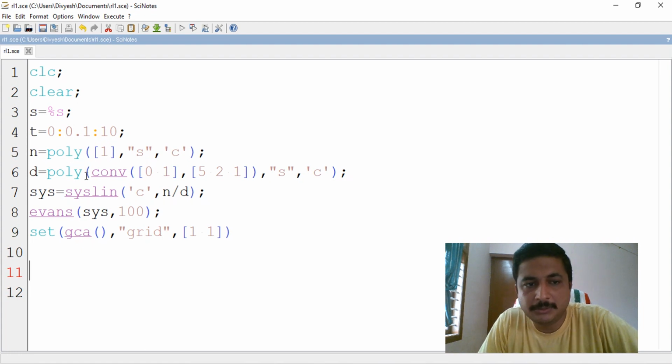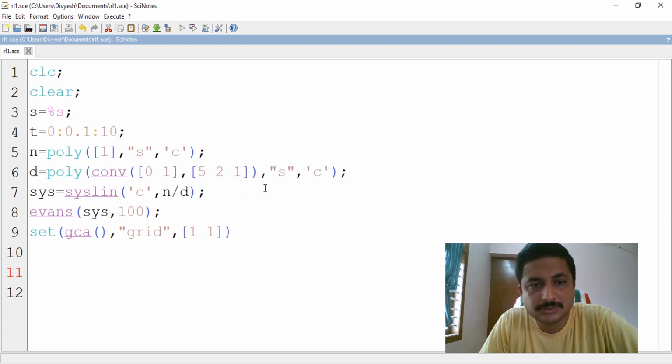Then coming to the denominator, I have s into s square plus 2s plus 5. So I am convolving s and s square plus 2s plus 5. s is written as 0, 1, that is convolved with your second order polynomial. This will give me the denominator. Using the syslin function as discussed in the previous video, I define my system.